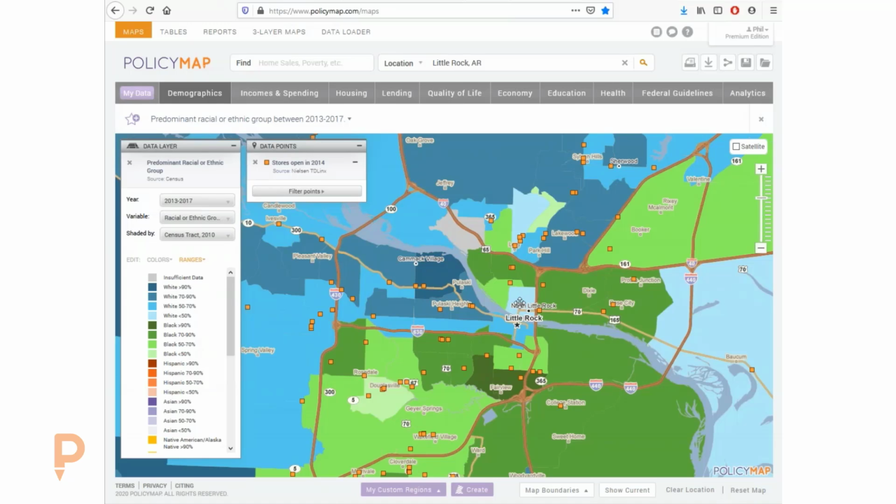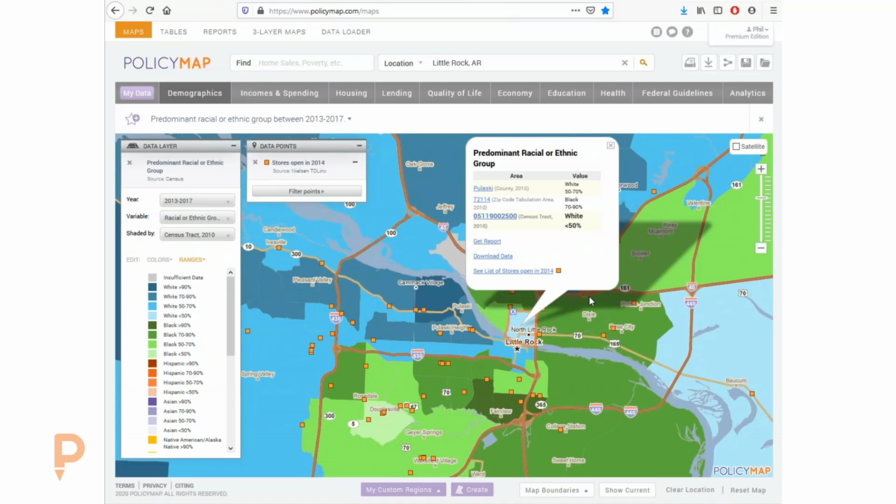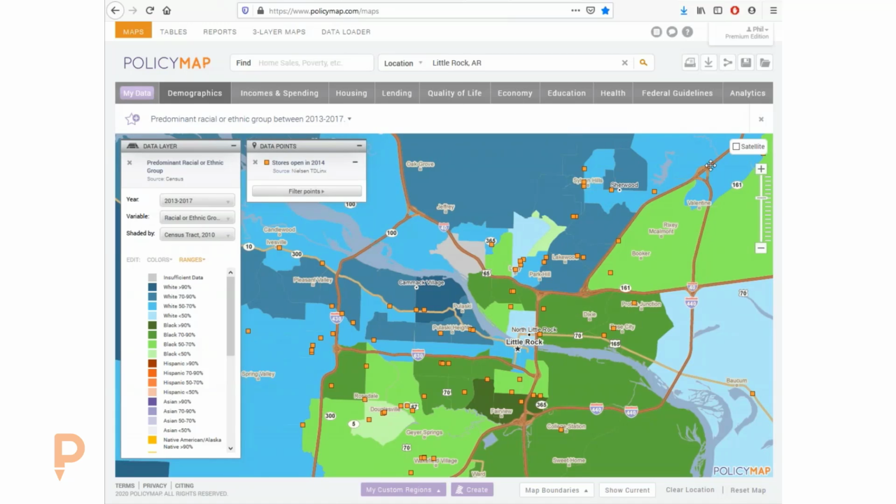And then the in-between colors are the ones that really represent a kind of meshing of the neighborhood itself. So in this case, while white is the predominant race, it isn't the majority. It is very mixed in its area.